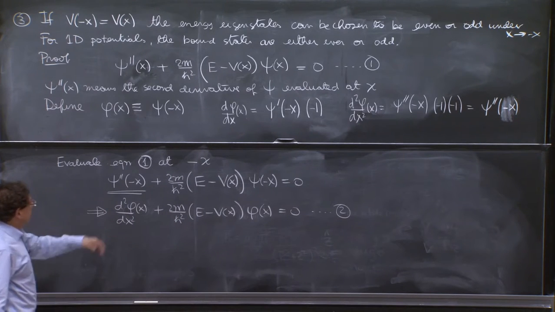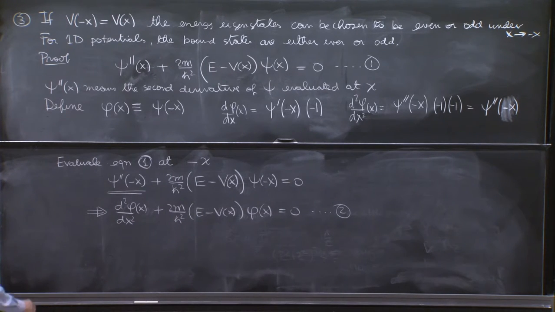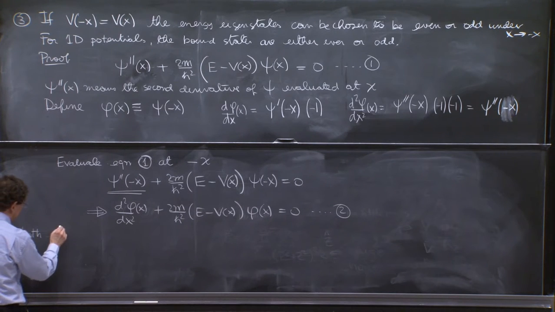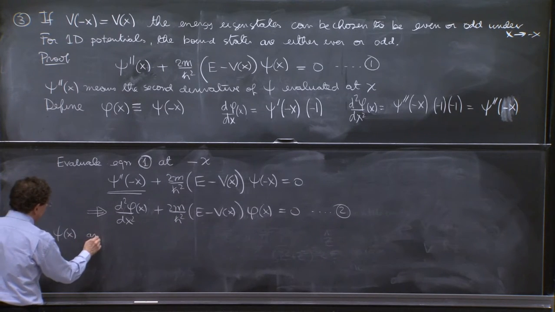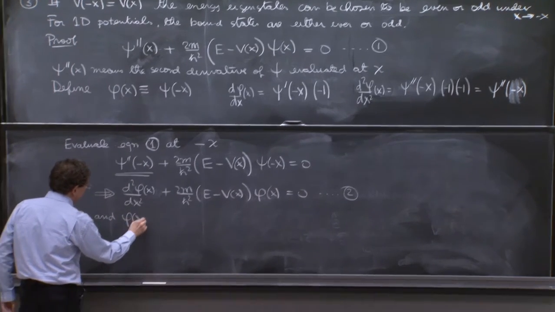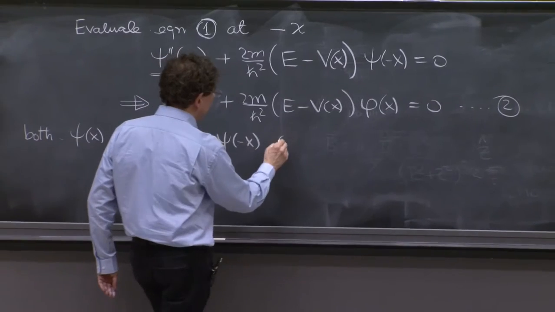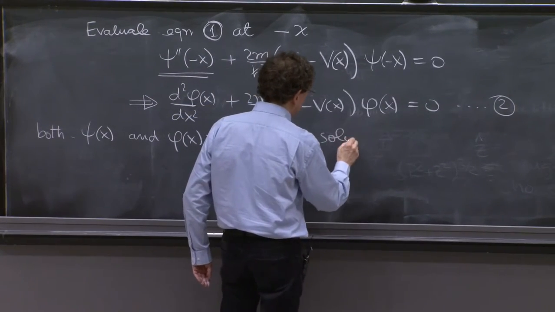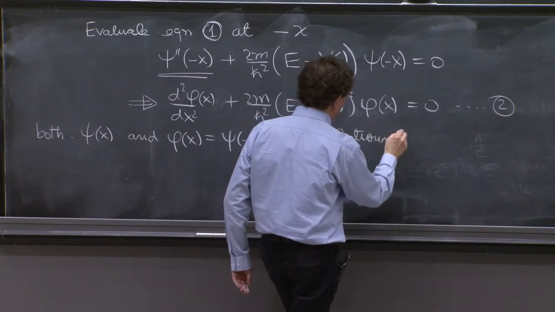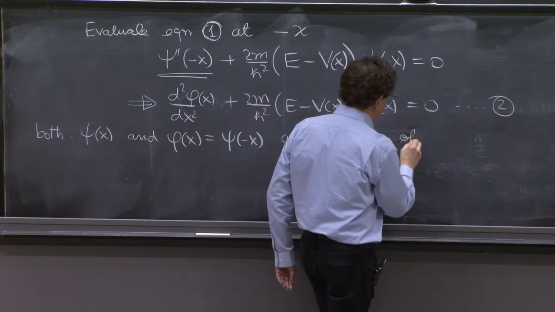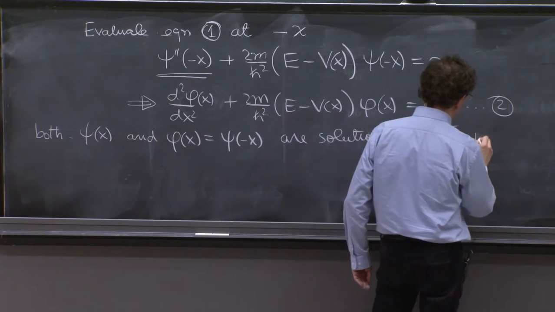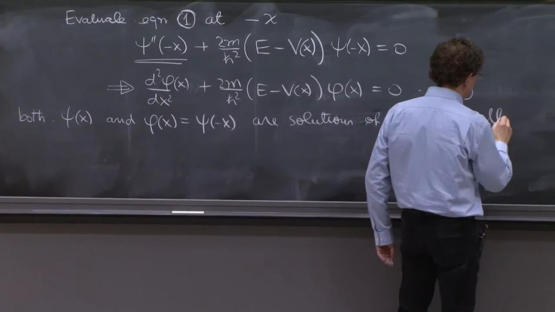So you've proven that both psi of x and phi of x, which is equal to psi of minus x, are solutions of the Schrödinger equation with the same energy.